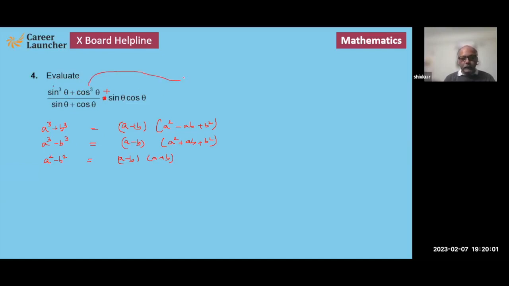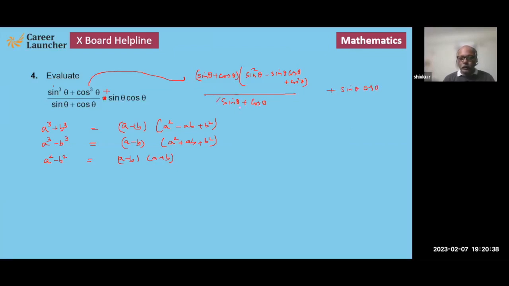If I assume sin theta is A and cos theta is B, the expression sin cube plus cos cube now becomes sin theta plus cos theta into sin squared theta minus sin theta cos theta plus cos squared theta, divided by sin theta plus cos theta, plus sin theta cos theta.